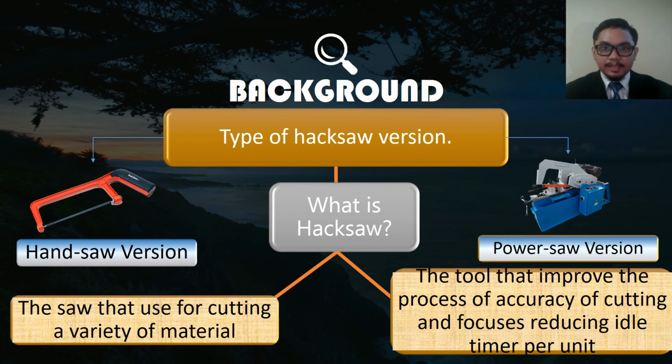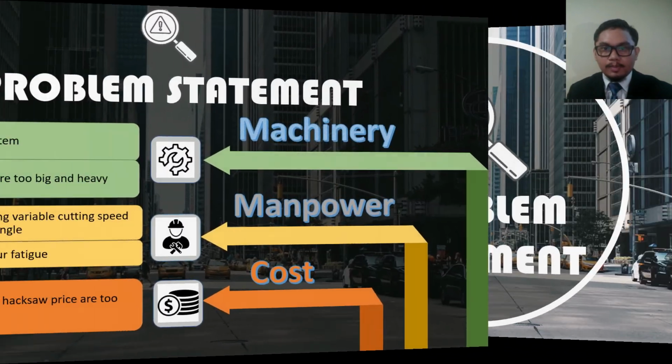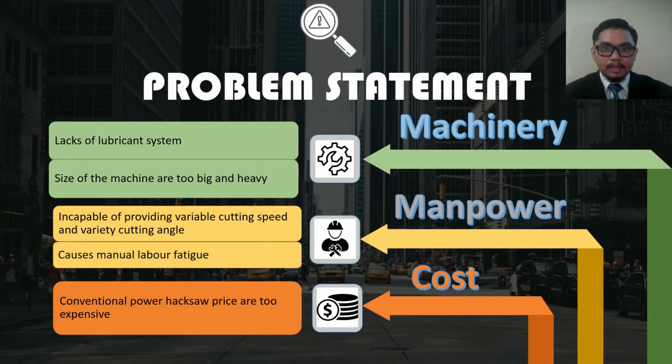So the next part of the presentation is the problem statement of the project. I categorize my problem statement into three parts: the first is machinery, the second is manpower, and the last is cost. First, we look at the machinery. Mostly, the machines on the market lack a lubricant system.